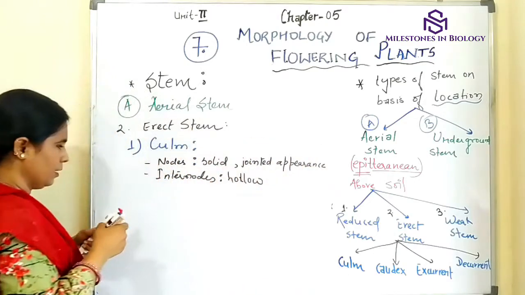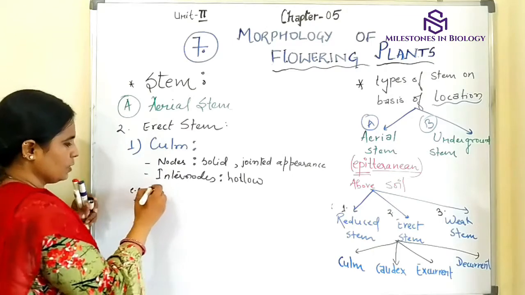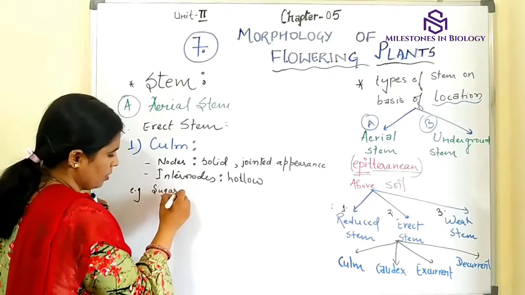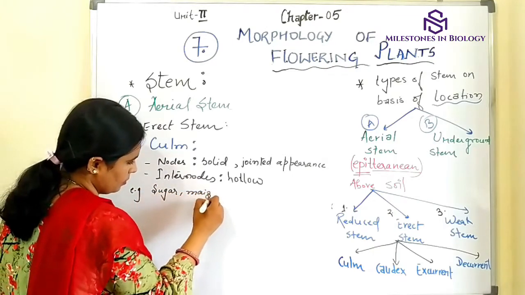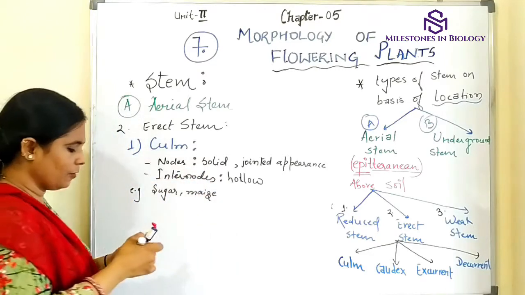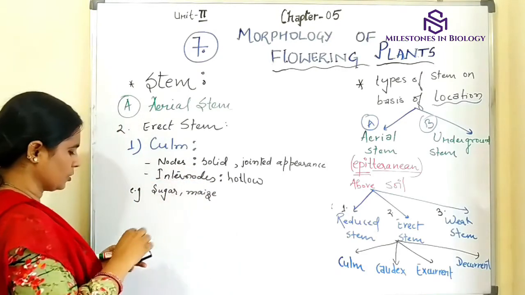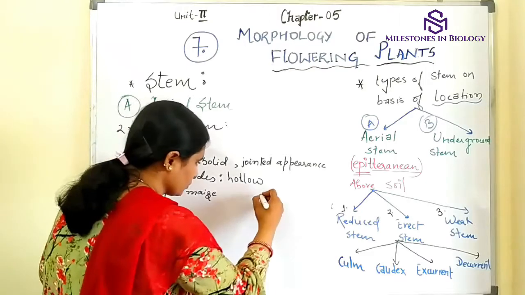Fine. For example, if you look at sugarcane, maize, in this kind of plants, you will see this structure. How does it look?